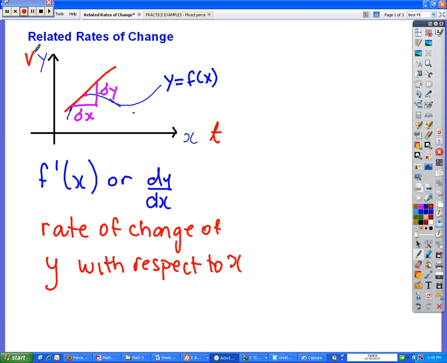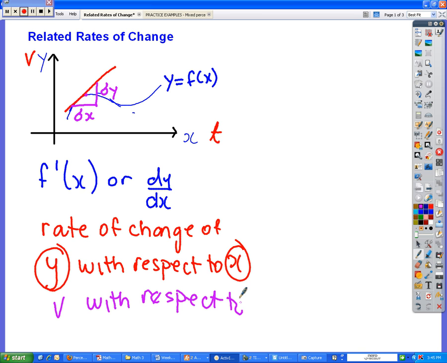So instead of saying y with respect to x, we now have V changing with respect to, not x anymore, but to t. This is saying how is the volume changing as our time is changing?